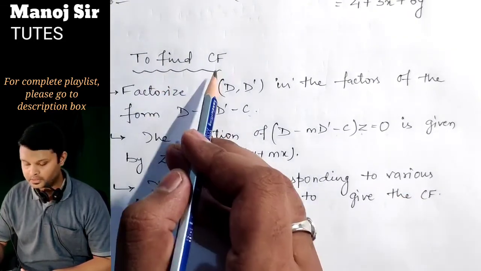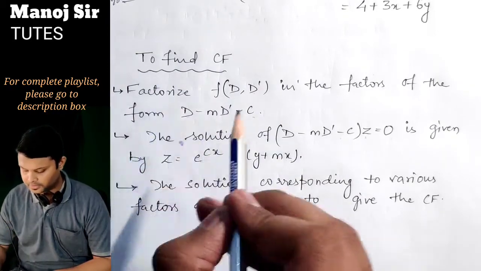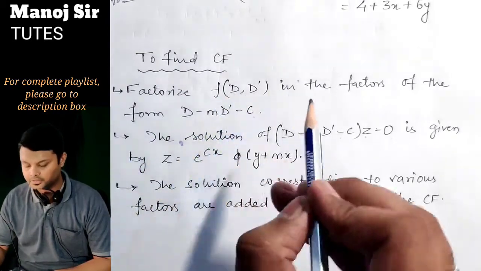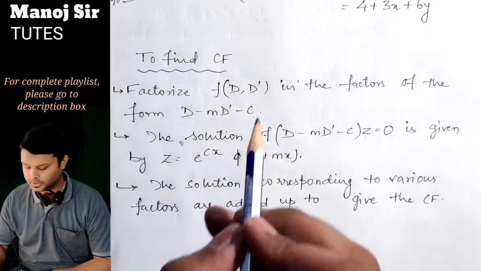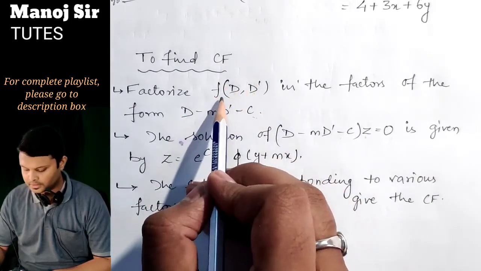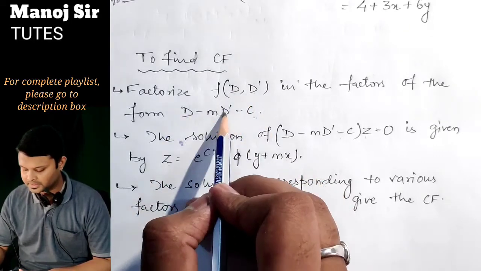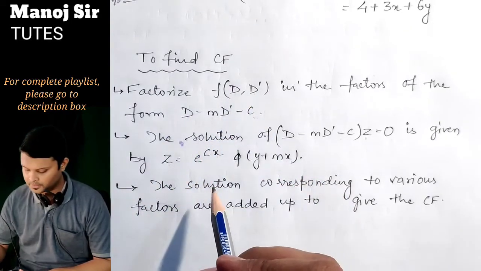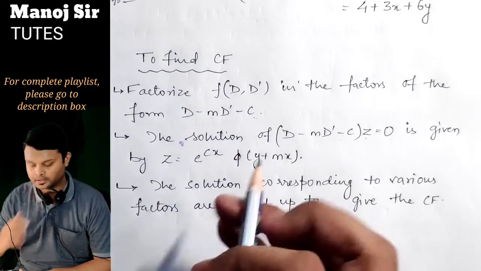If you want to find the CF, that is the complementary function, first we need to factorize the function of D comma D dash into factors of the form D minus mD dash minus c. Let's suppose we have two factors.